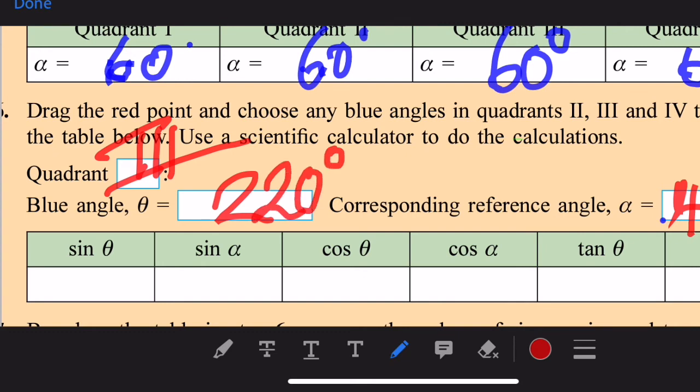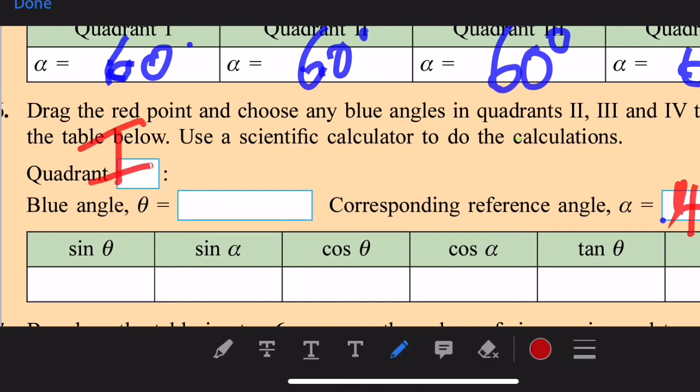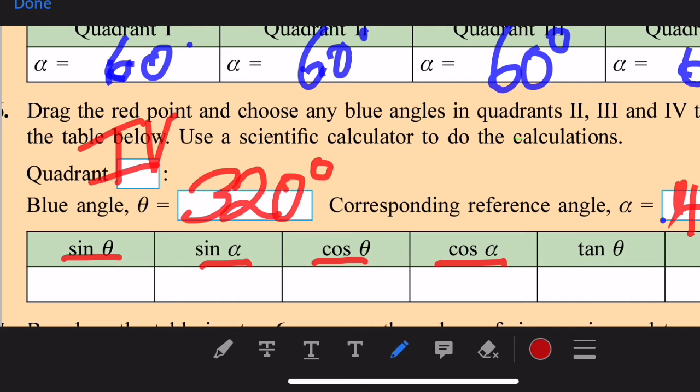If I adjust to the fourth quadrant, I can see 320 degrees. Then you are asked to find the values for sine theta and sine alpha, cos theta and cos alpha, tangent theta and tangent alpha.